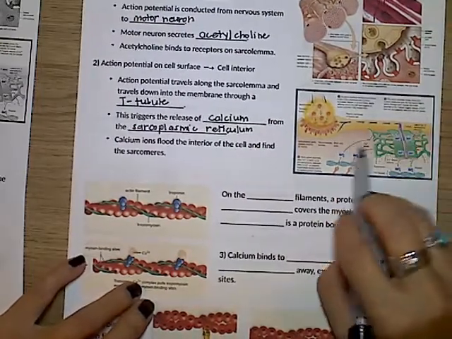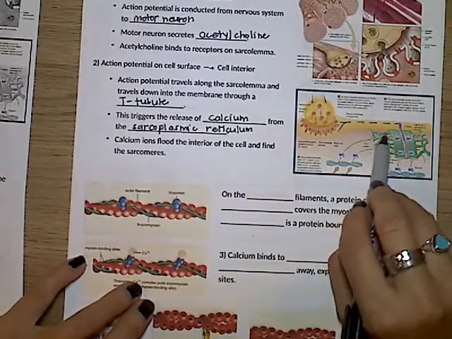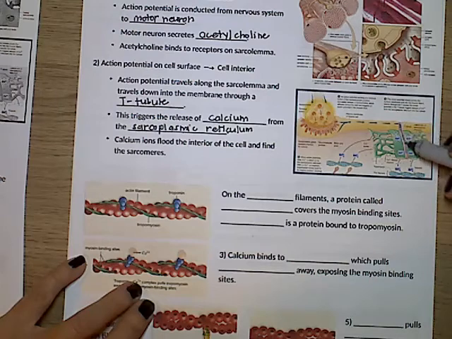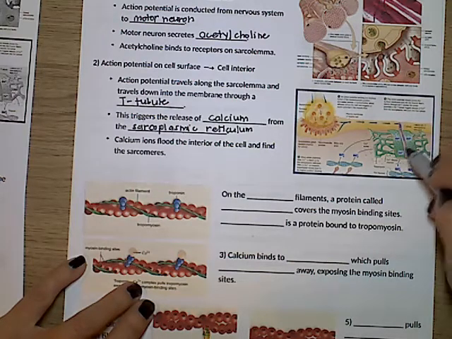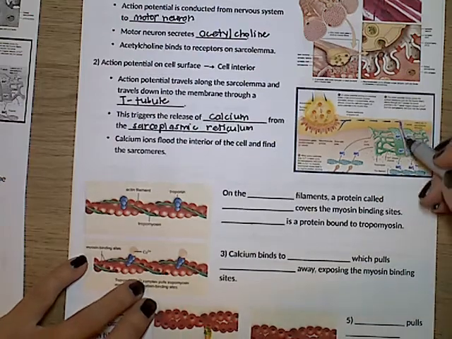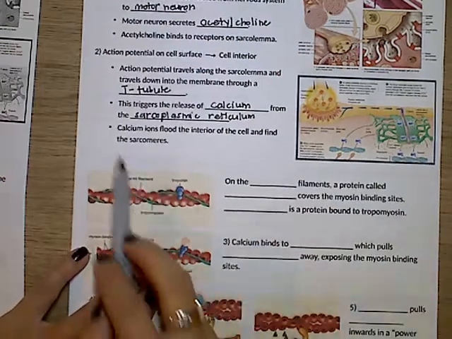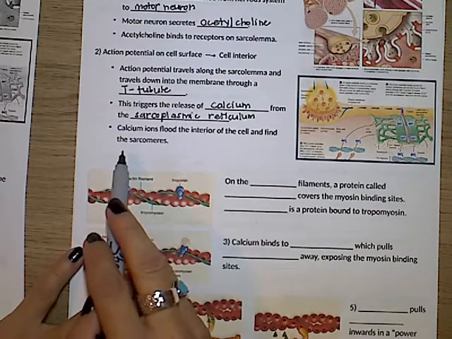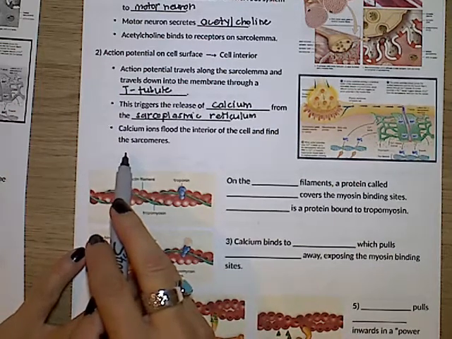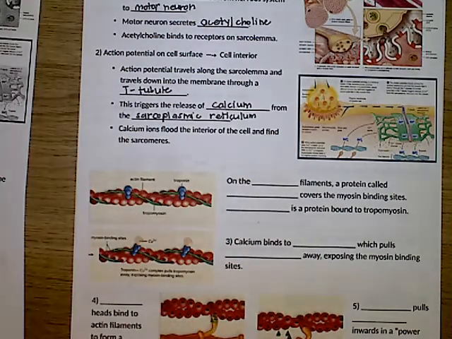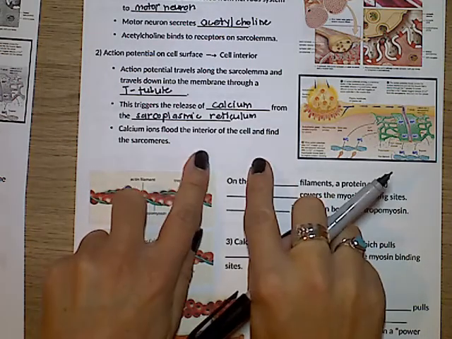So here we have the sarcolemma, we've got a T-tubule going down here, and we've got the sarcoplasmic reticulum here that is storing all this calcium, which will then get released into the cell. So the calcium ions are going to flood the interior of the cell and find sarcomeres, which were those little contractile units that we talked about.